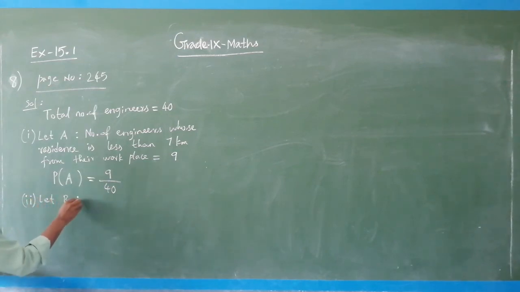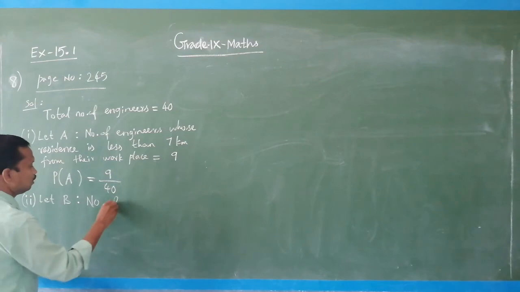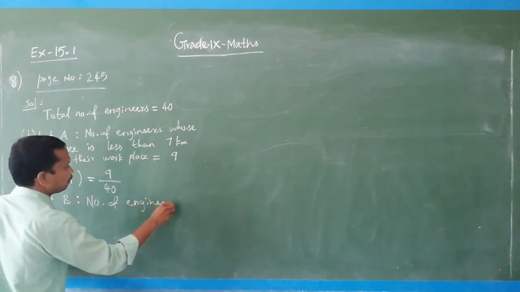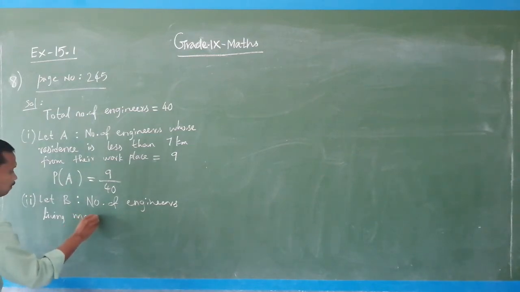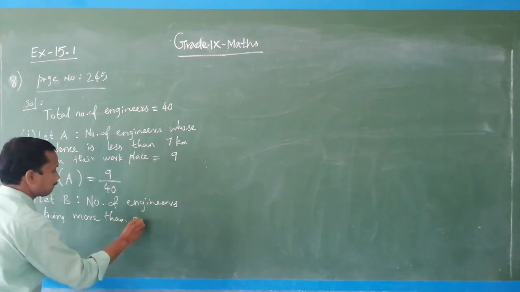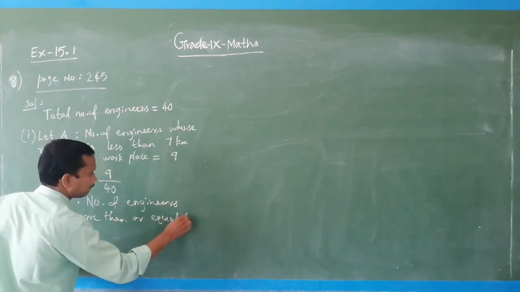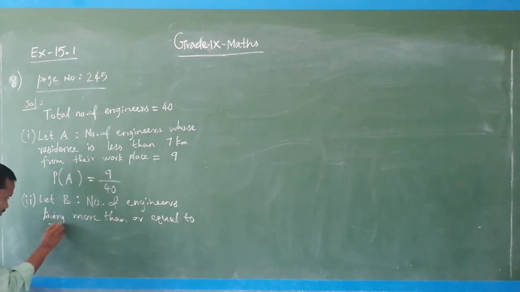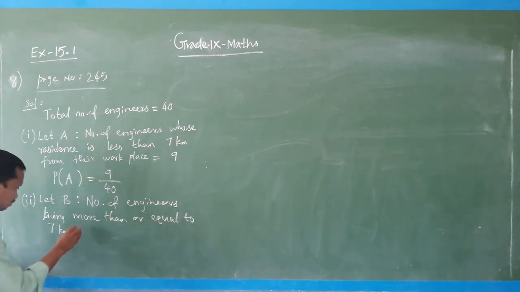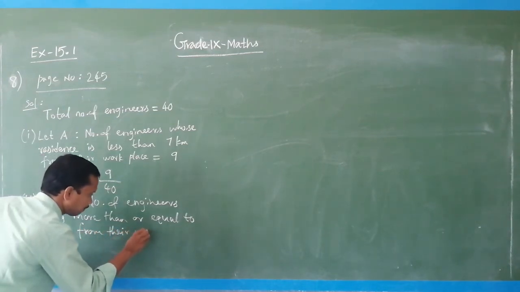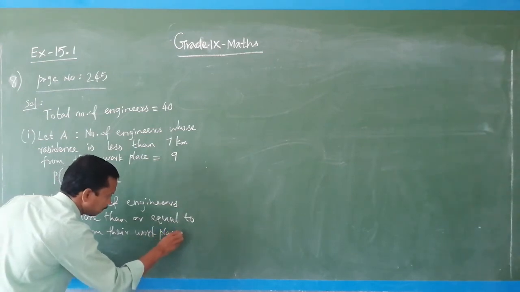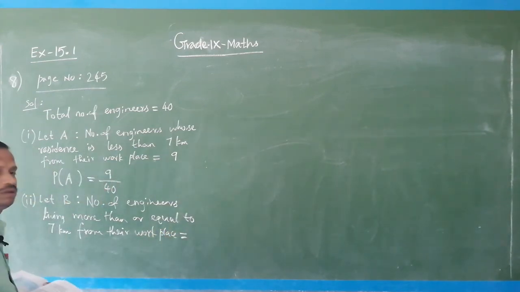So let B be the event: the number of engineers living more than or equal to 7 kilometer from their workplace is equal to how many? 31.